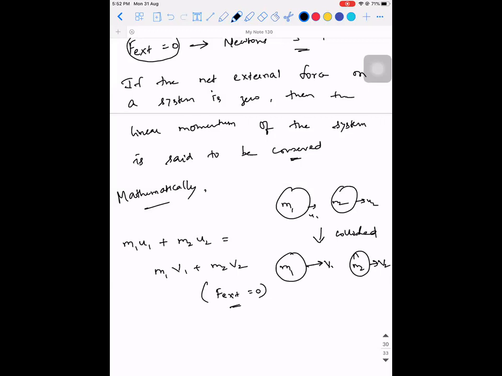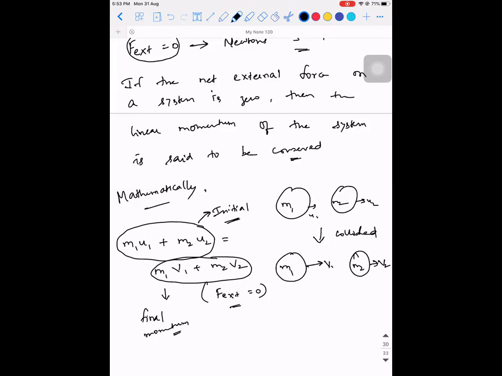Is that clear? So what is this m1 u1 plus m2 u2? This is the initial momentum of the system. Similarly, m1 v1 plus m2 v2 is the final momentum of the system. Okay, it is not of the particle, it is of the system.